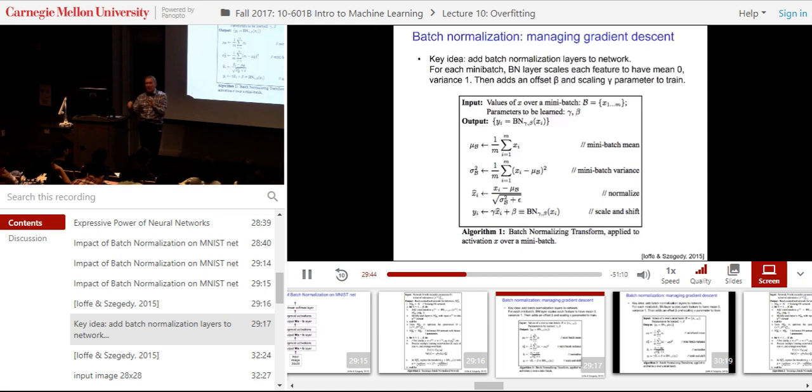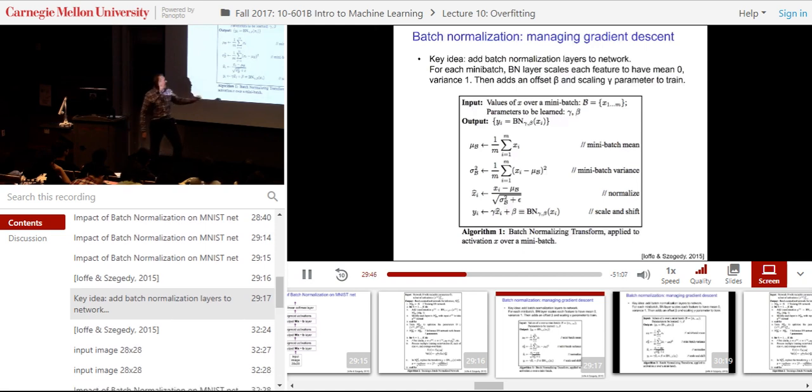It could be that there's valuable information that we're subtracting out here, that the mean was actually 9, and we're subtracting it out because we're trying to create a situation where the different features at the same layer have similar scale and variance.